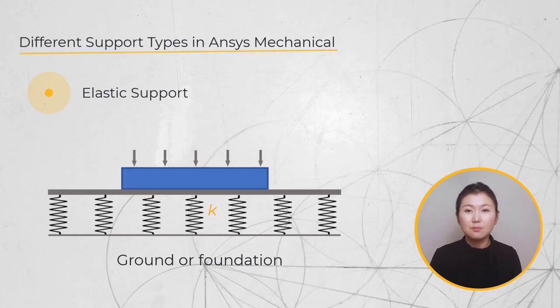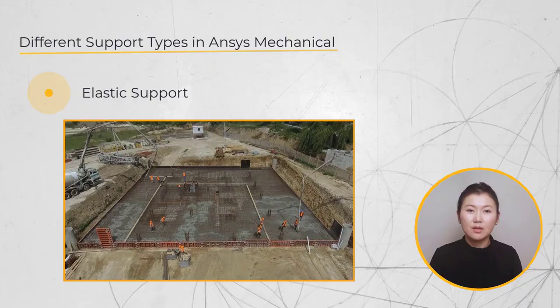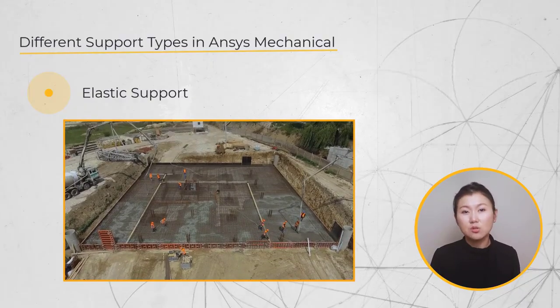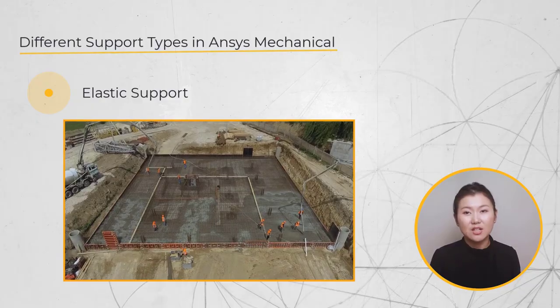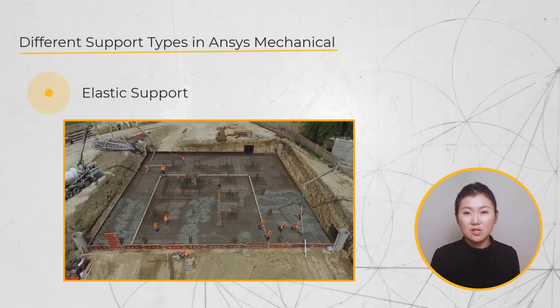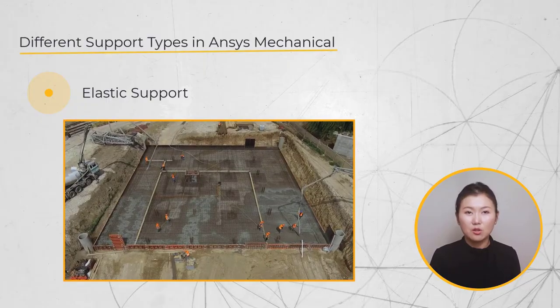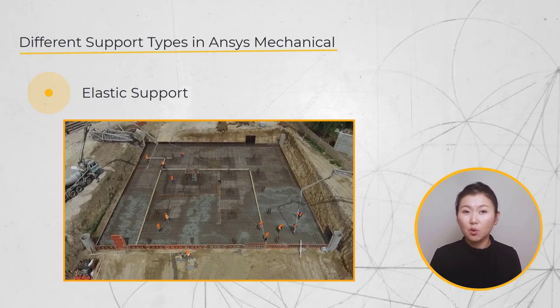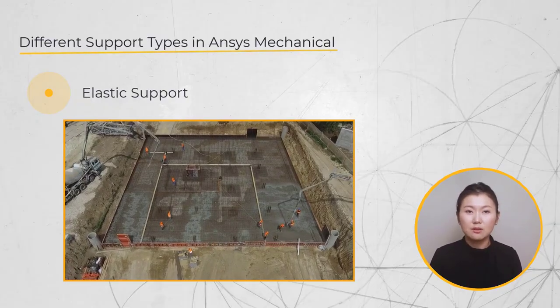A practical example where this support can be used is a building's foundation. The foundation of the building rests on soil, and the stiffness of the soil may be represented by an elastic support, although the tangential stiffness is neglected. We don't want to model all of the soil, but its stiffness may be important since it may not be rigid compared with the building materials.